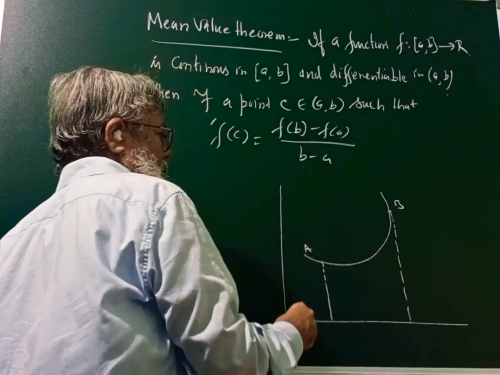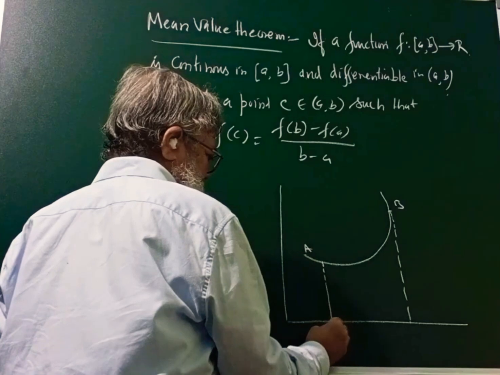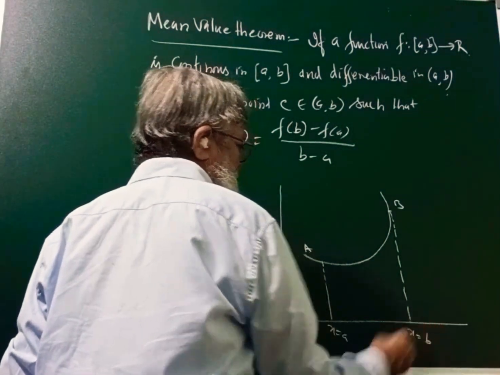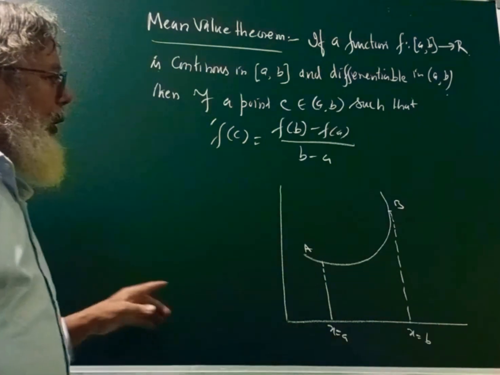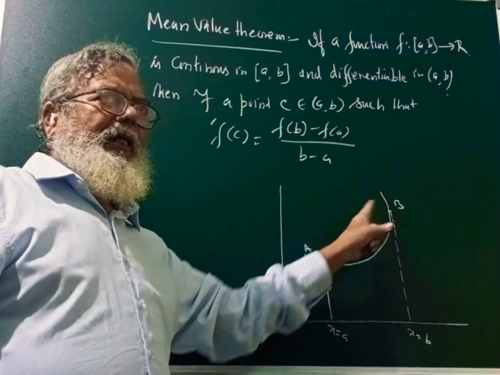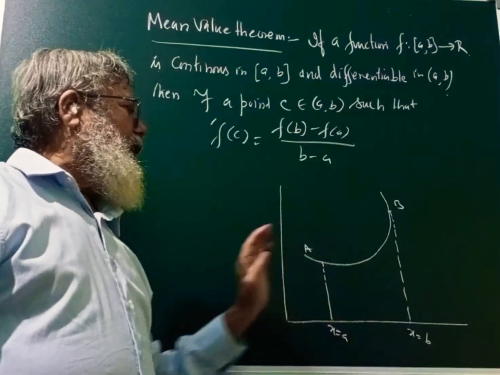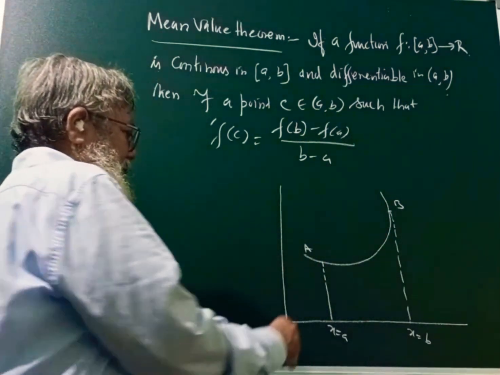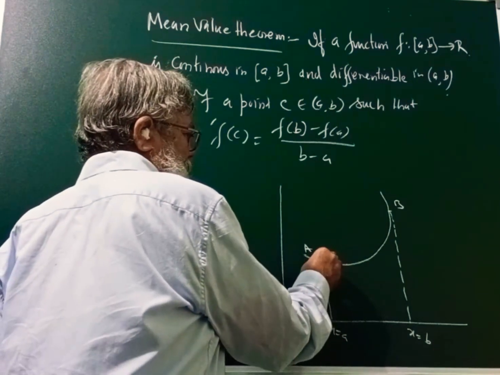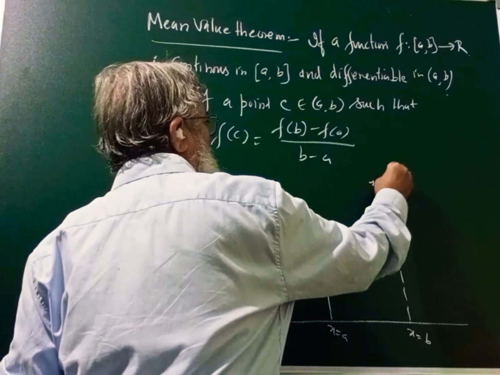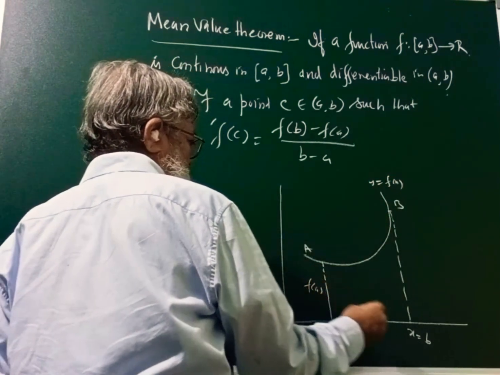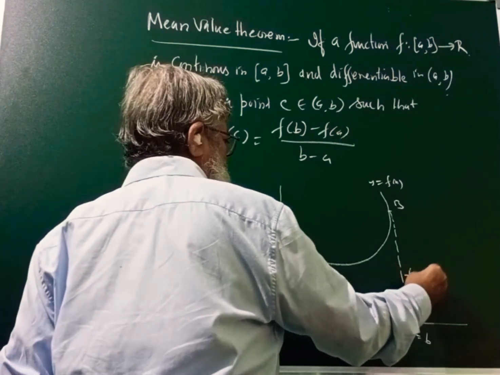It is at the point x is equal to a and at the point x is equal to b. The curve under study is the curve AB in the interval [a, b]. This is the curve y is equal to f(x). Then this will be f(a), and here it will be f(b).